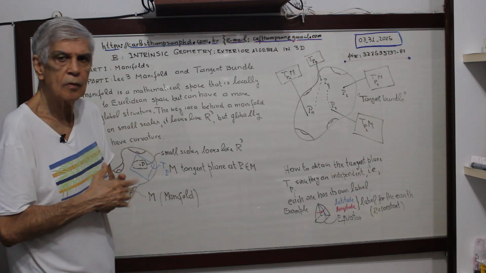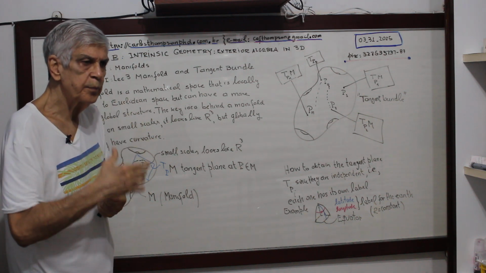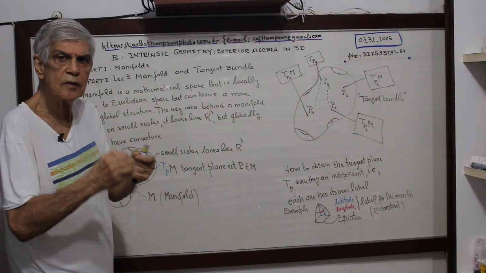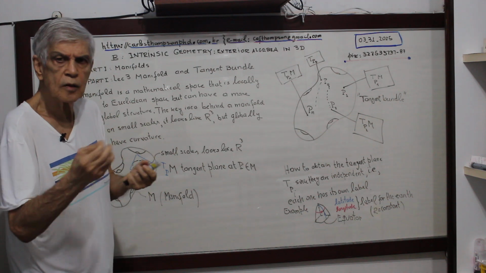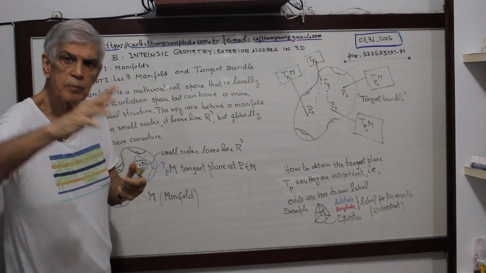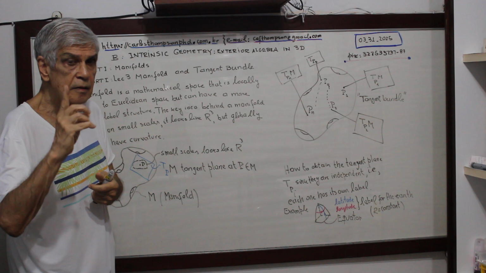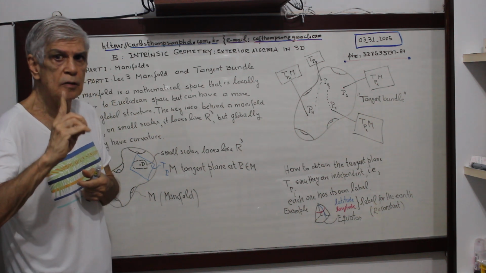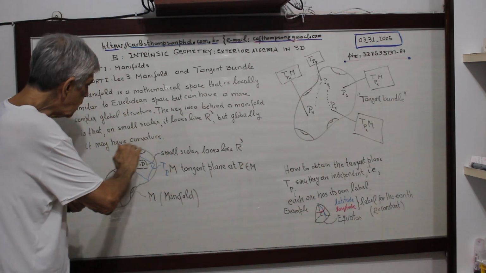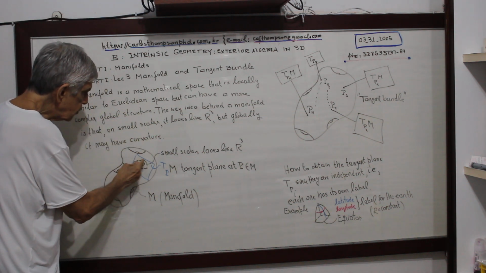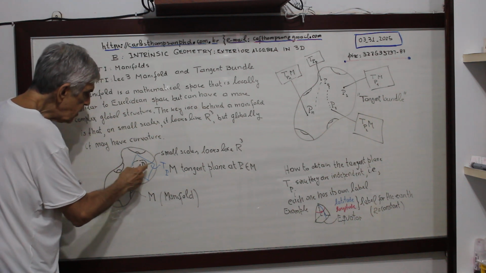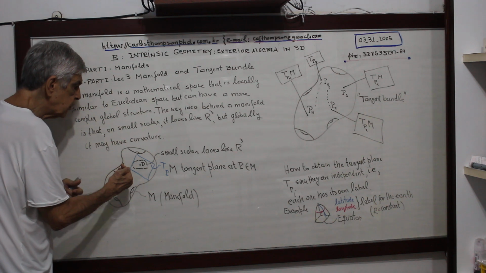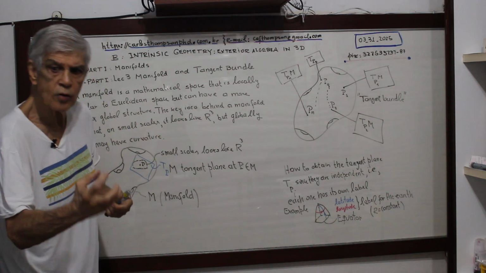You can do what you want to do, because you work with 2 points on this tangent plane, but this tangent plane is an approximation of the curvature at this point here. The points on the tangent plane are an approximation of the points on the manifold.